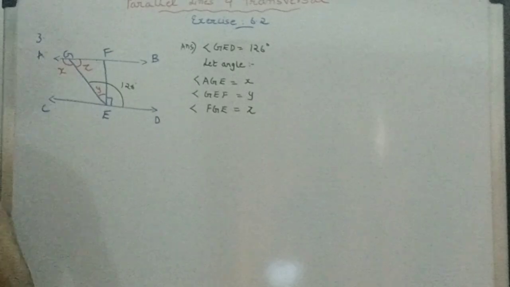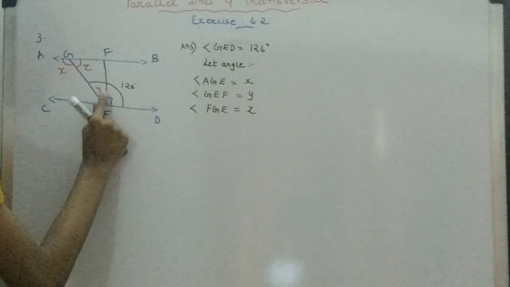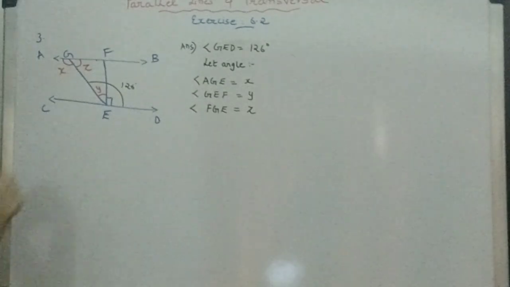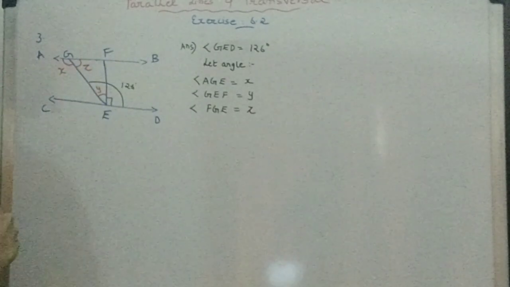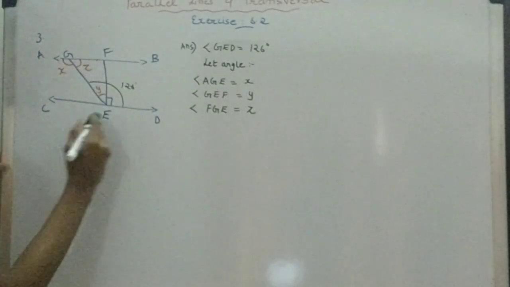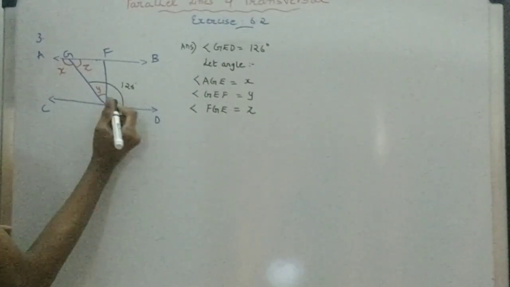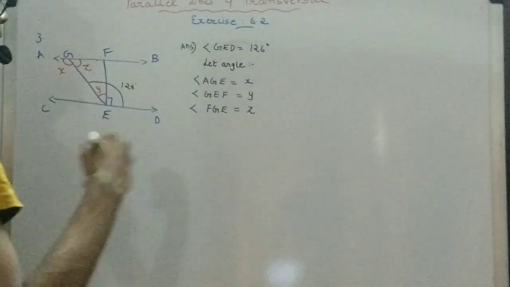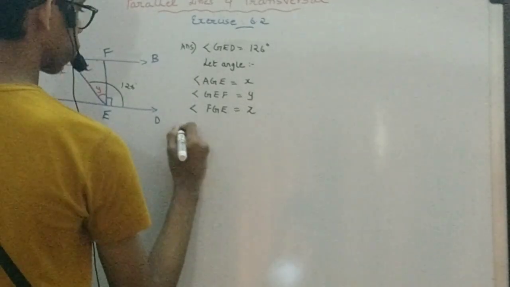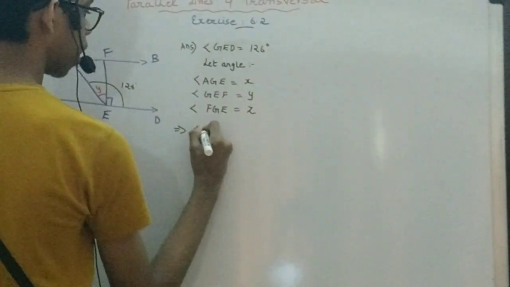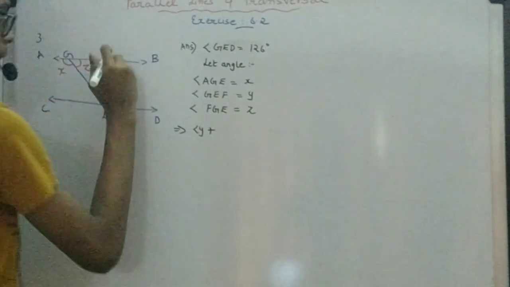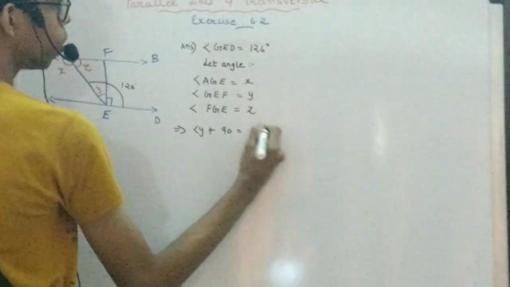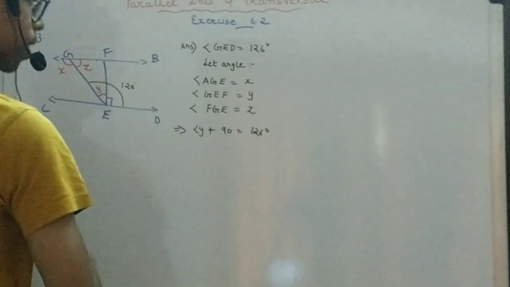And if you see over here, this small angle is your FED. Angle FED is equal to 90 degree, because in the question it was given that they are perpendicular to each other. So by adjacent angle property, if you add this angle and this angle, we will be getting 126 degree, isn't it? So I can write angle Y plus this angle FED, which is 90 degree, will give you this full angle 126 degree.